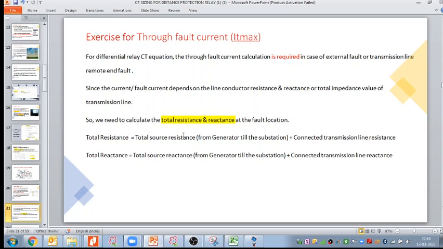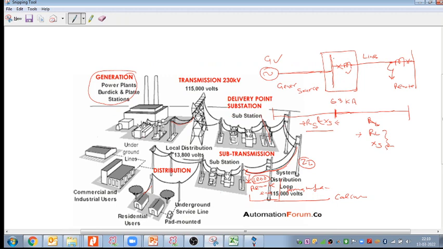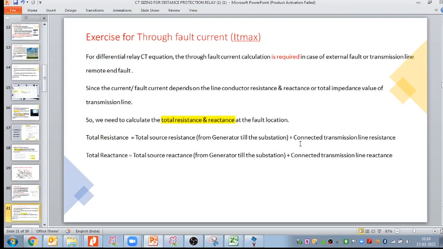So total resistance is the total source resistance from the generator till this substation, plus the connected transmission line resistance. Total reactance is the total source reactance plus the connected transmission line reactance. Am I correct with this statement?